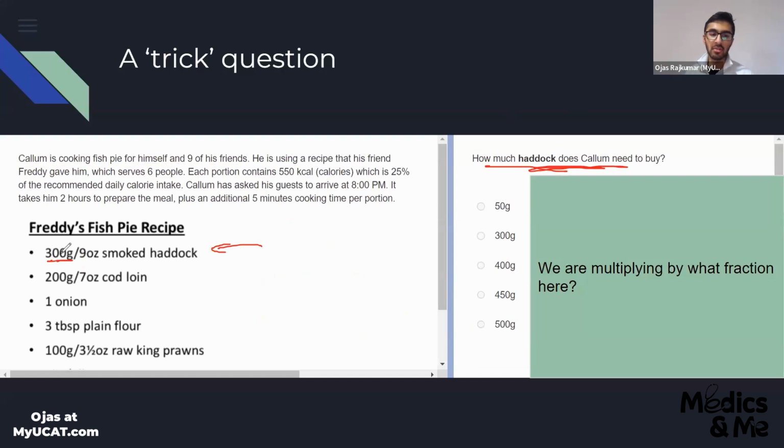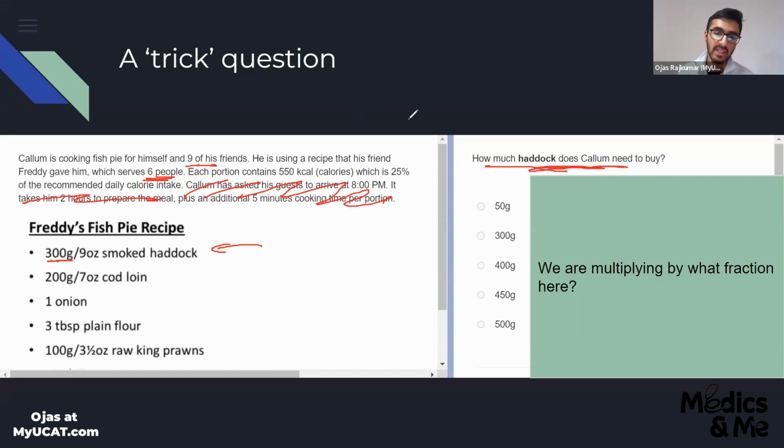And you then want to figure out how many people we have and how many people the recipe is for. So I'd specifically look for numbers about numbers of people. And I wouldn't waste time reading all of this. As soon as you see the numbers you think you need, you then start working it out. So like what time the guests show up doesn't really matter.